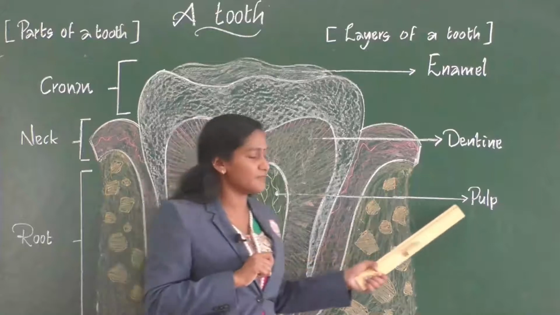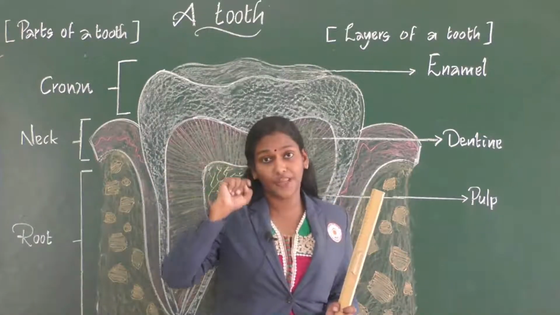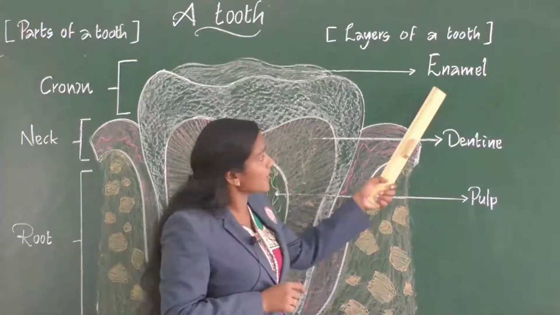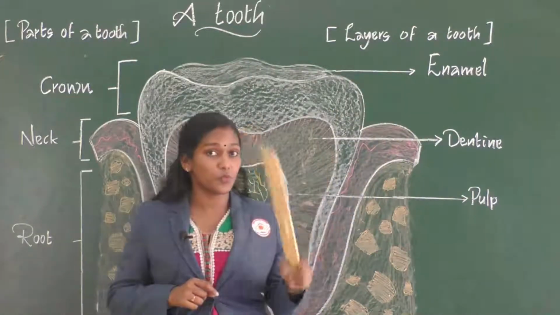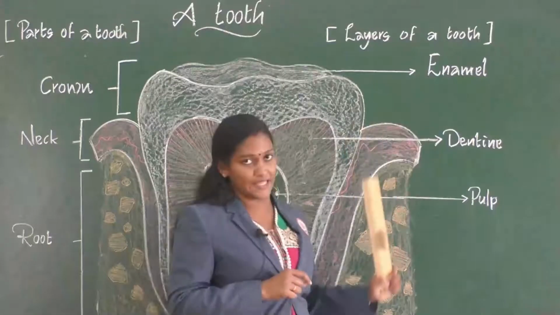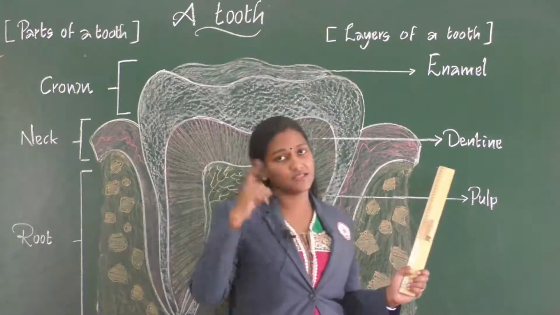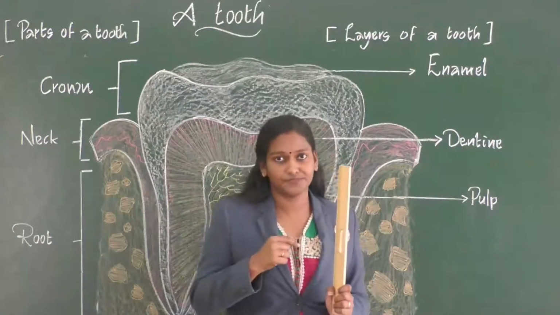So enamel protects the tooth from wear and tear of chewing. Dentine supports the enamel. And pulp sends signals to the brain when we are feeling toothache.